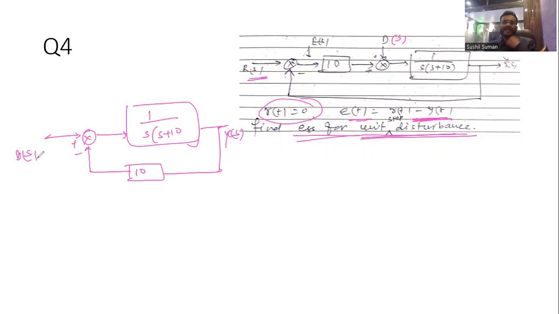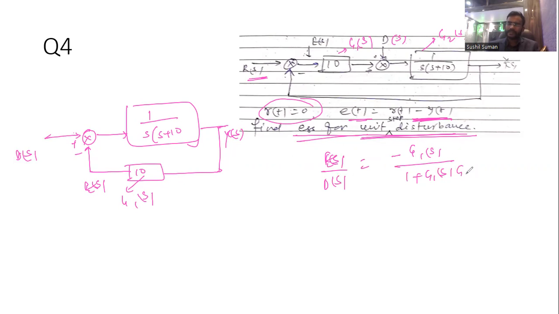As you know, E(s) upon D(s) is what? If you calculate this value, what will you get for E(s) by D(s)? Let's say this is your G1(s) and this is G2(s). So E(s) upon D(s) equals minus G1(s) upon 1 plus G1(s) into G2(s).